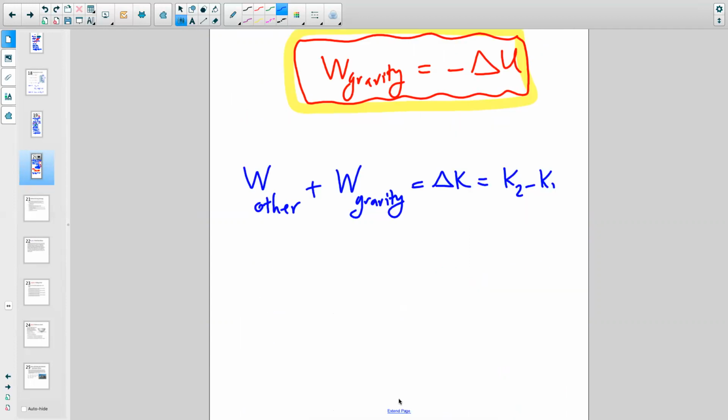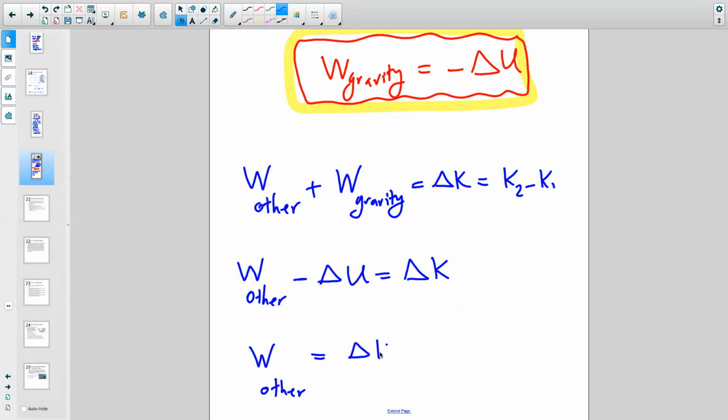And this is all the forces involved in our problem, everything, okay? This is W total. I have already proved for you that the work by gravity is negative delta U, so W of the other forces, minus delta U is delta K. Or work done by other forces, everything else other than gravity, is equal to delta K plus delta U, bringing the negative delta U to the other side.